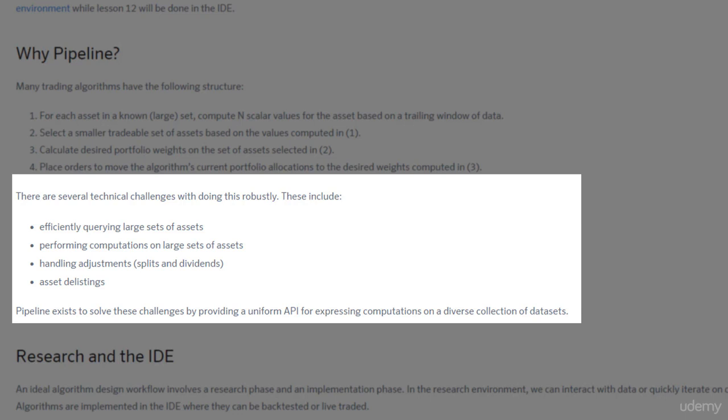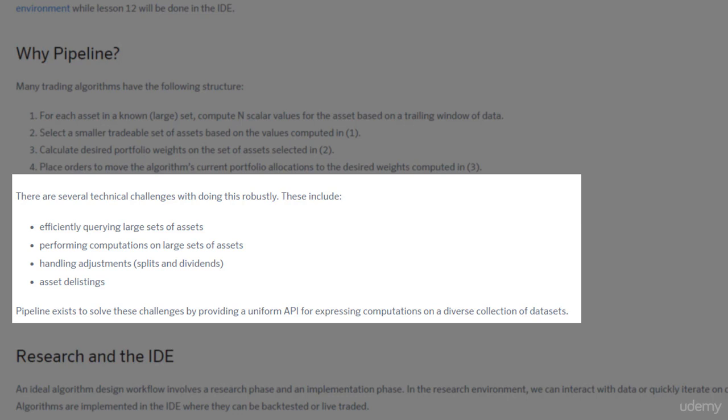And ideally, the backend accounts for corporate announcements such as stock splits, reverse splits, and dividends automatically, and also asset delisting, or mergers and acquisitions. These are all accounted for in the backend for you.